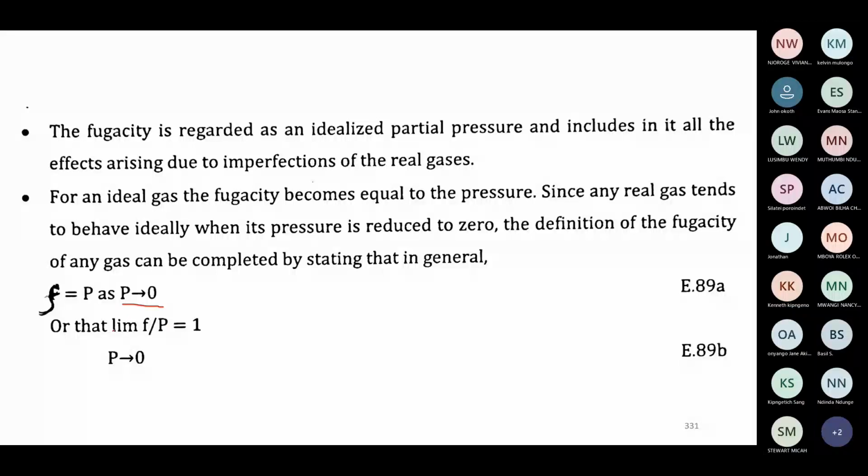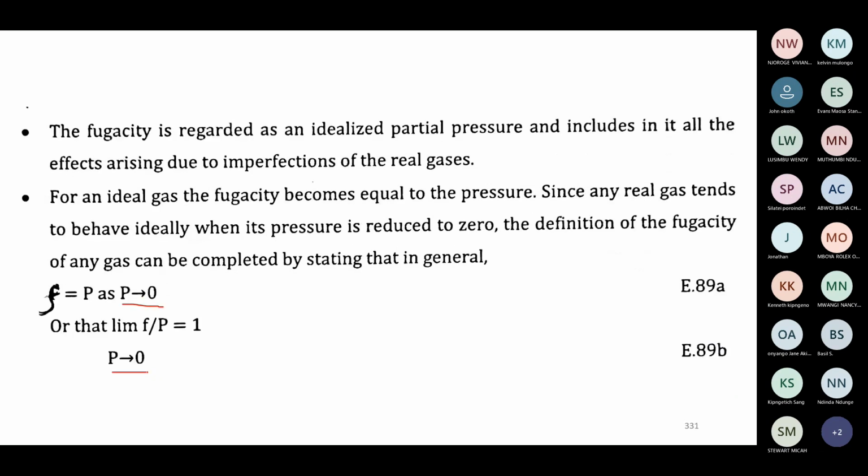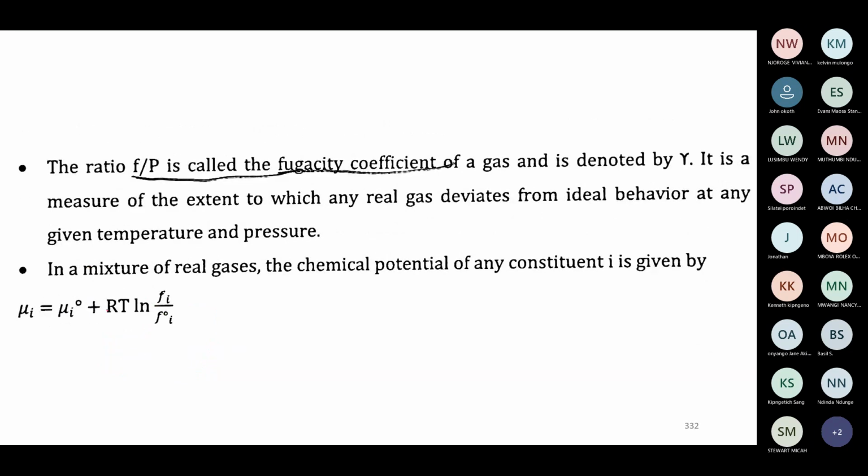Or we can talk about the limit f over P equals 1 as P tends towards 0. So the ratio f over P from this expression here is called the fugacity coefficient of a gas, and it is denoted by this symbol.